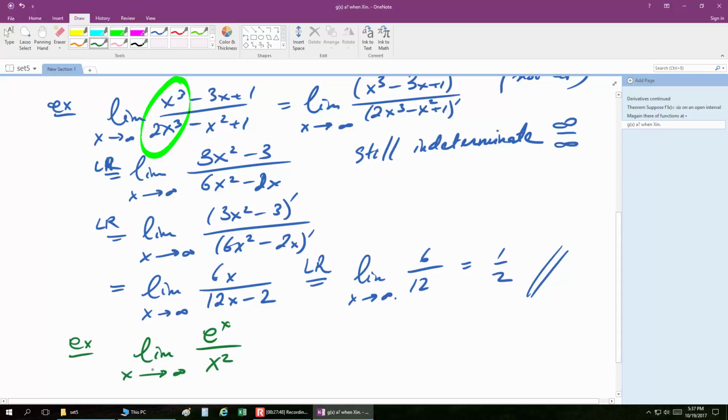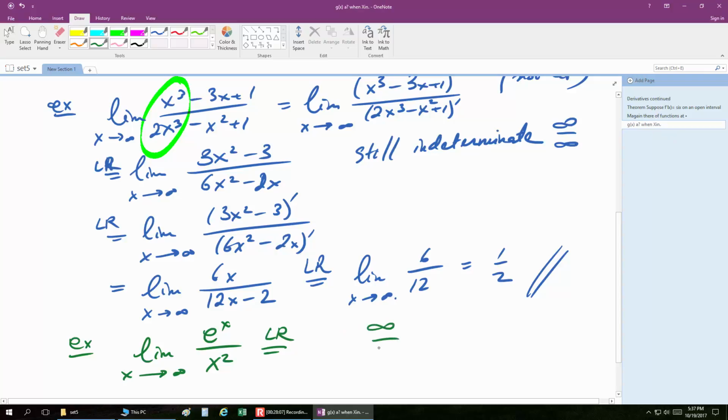Okay, so then there is no other trick available to us that would allow us to use L'Hopital to compute the limit. And here L'Hopital's rule really shines. So, indeterminate expression again, infinity over infinity.